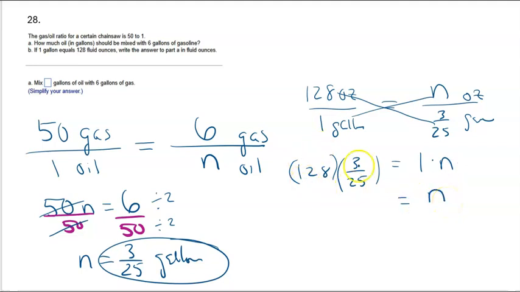And over here, 128 and 25 don't have any common factors. So I'm just going to put this 128 over 1 and multiply straight across. 128 times 3, using my basic calculator, I get 384. And then 1 times 25 is 25, is equal to N.